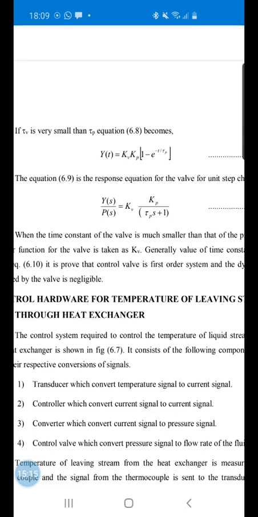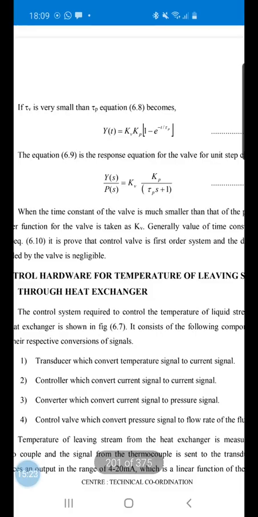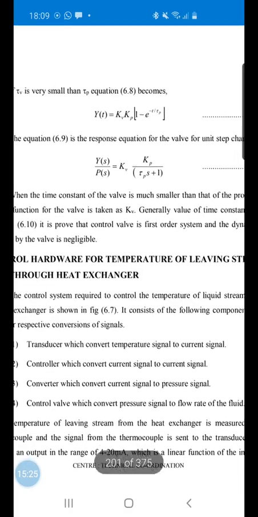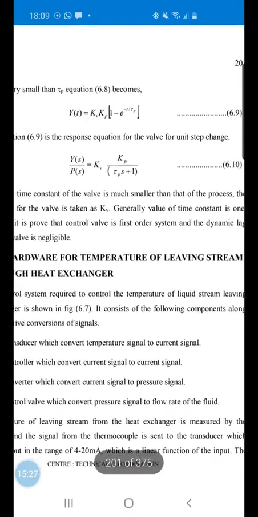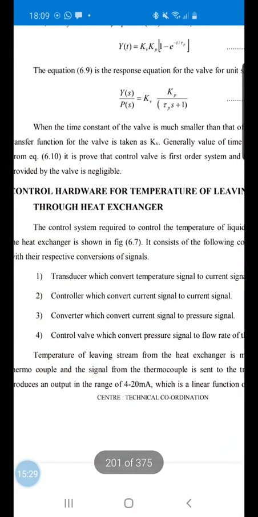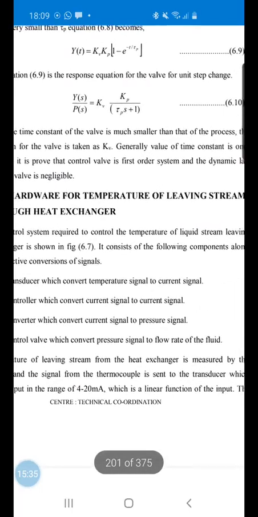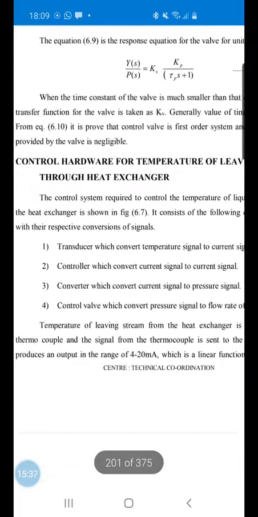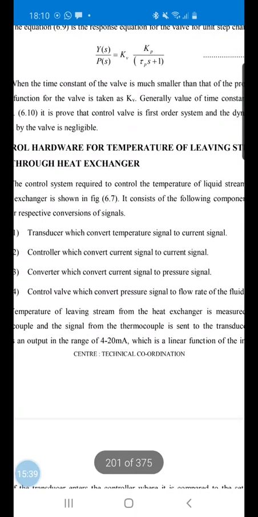So what it means is that the tau v value is very small compared to tau p, therefore only kv remains. Generally the time constant of the valve is obtained from the above equation, and it proves that the control valve is a first order system and the dynamic lag provided by the valve is negligible.